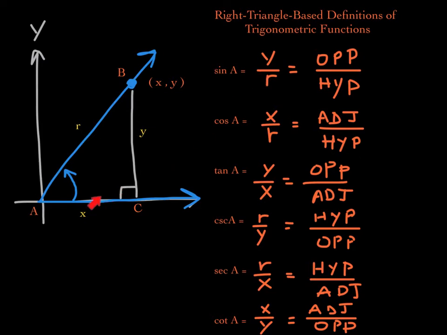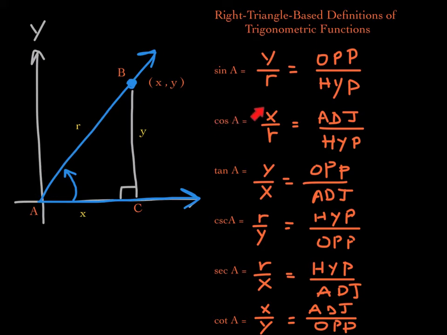But notice that it's y over r, which is the side that's opposite angle A over the hypotenuse. I've abbreviated opposite as OPP and hypotenuse as just HYP. So sine of angle A is equal to this ratio, the side opposite angle A over the hypotenuse of the right triangle. Look at y over r. So it's the side opposite angle A over the hypotenuse.